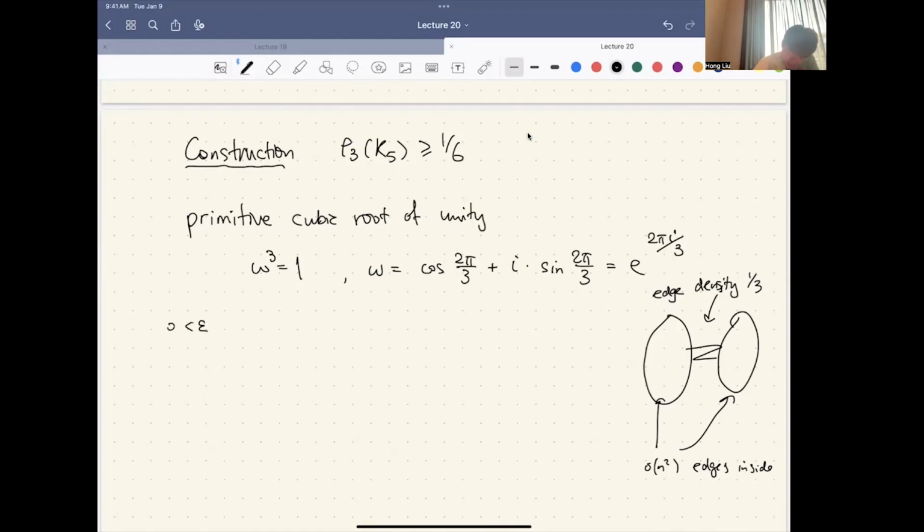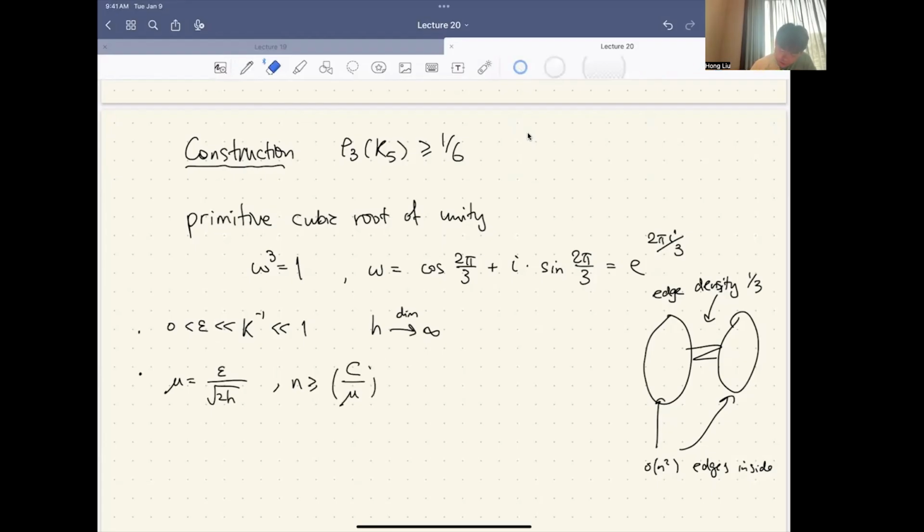Let's take some epsilon bigger than 0, much less than 1 over capital K, which is much less than 1. And we should think of the dimension h, which is the dimension of the sphere, tending to infinity slowly. We will also take the parameter mu to be epsilon over square root of 2h. N is at least c over mu to the 2h.